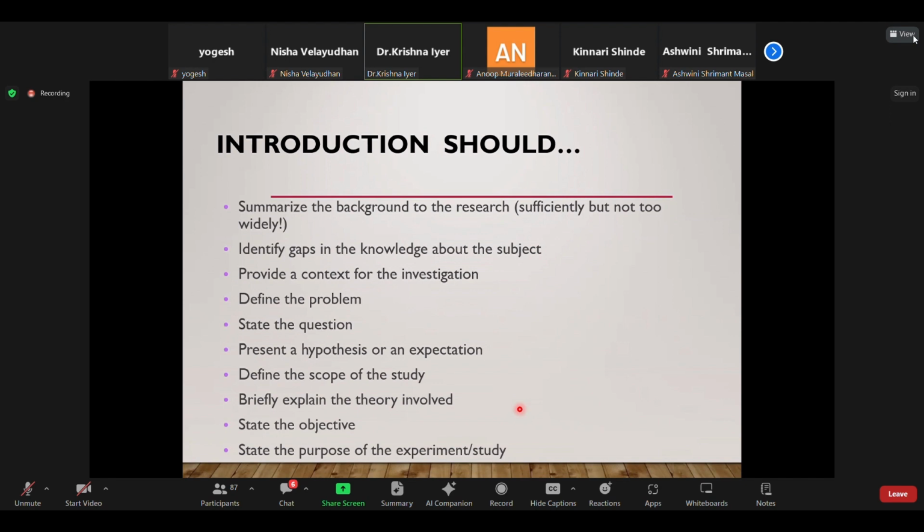Okay, so easier said than done. Your introduction, although it should not be too extensive, should have all of these things, so that the rest of the paper is perfectly set up for people to know what is coming and what they are going to expect in the experimental section and the results and the discussion.